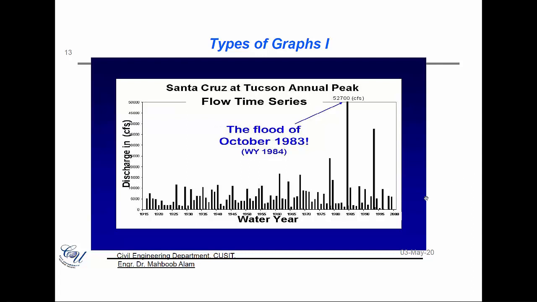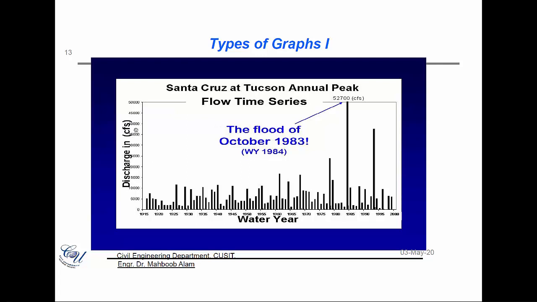These graphs might be yearly, by water year. So water year is not from January to December, but depending upon which country we are looking at, it can be from the June, July period to the next June period. So this would be a water year, and for that particular water year we would be looking at the discharge that is occurring at a particular level.